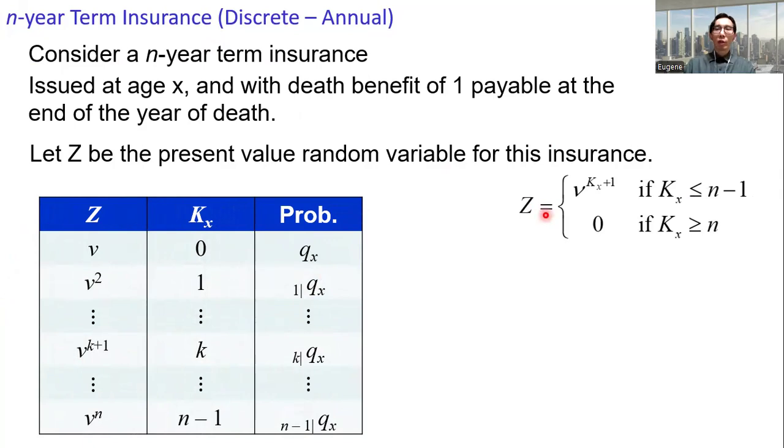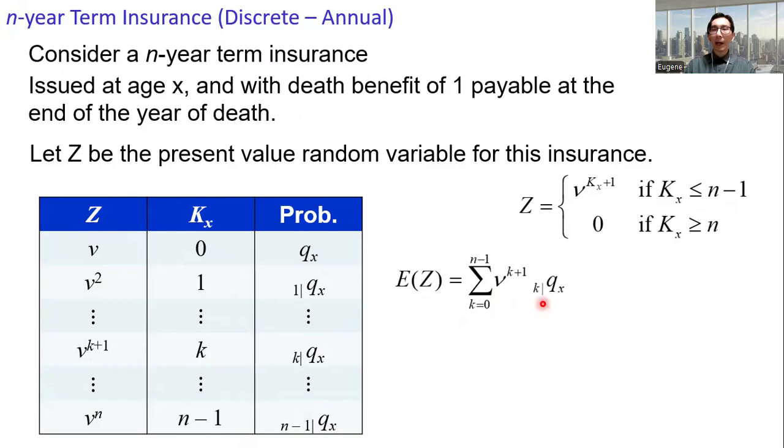Z is nu raised to the power K_x plus 1 if K_x is less than or equal to n minus 1. And of course, K_x must be an integer. And Z is 0 if K_x is greater than or equal to n. The expected value of Z, by definition, we sum up the value of Z times the corresponding probability from k equals 0 to n minus 1.